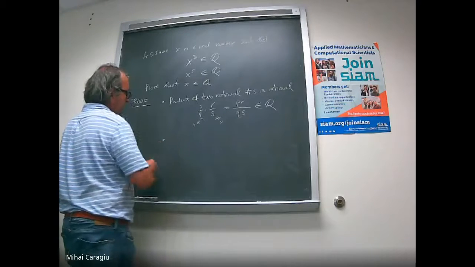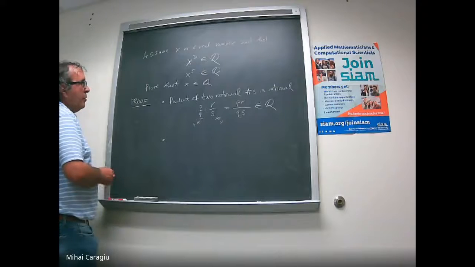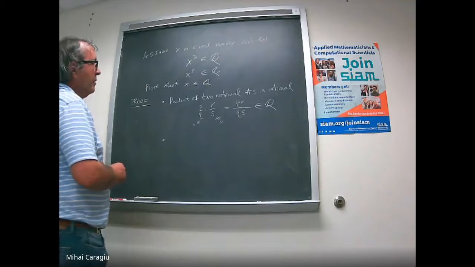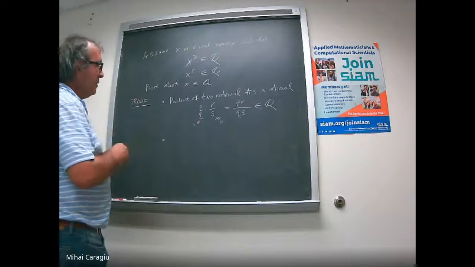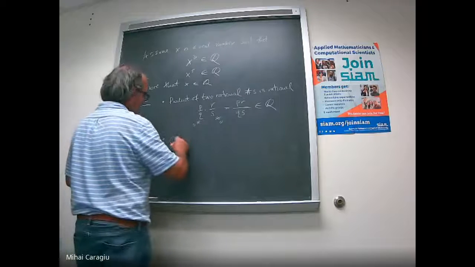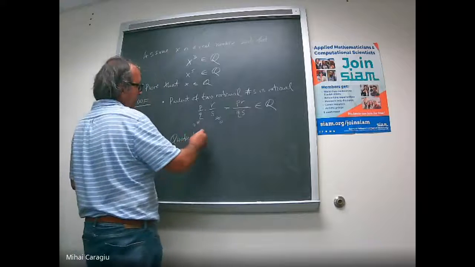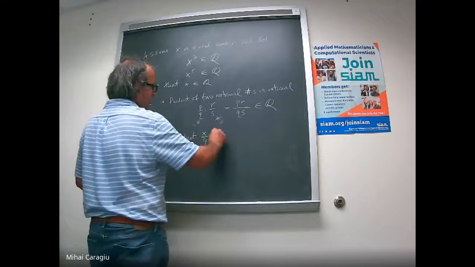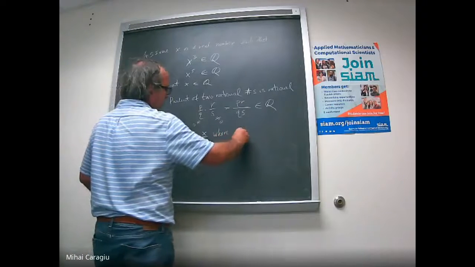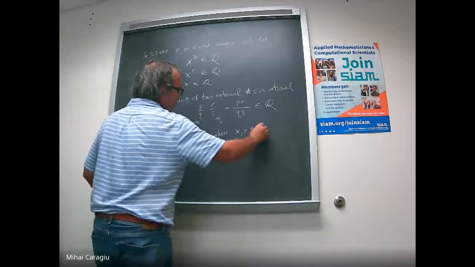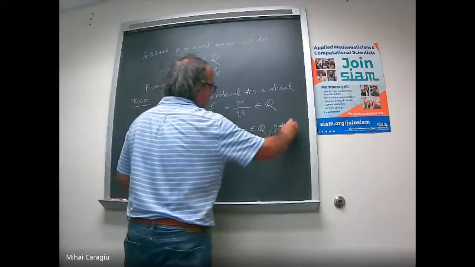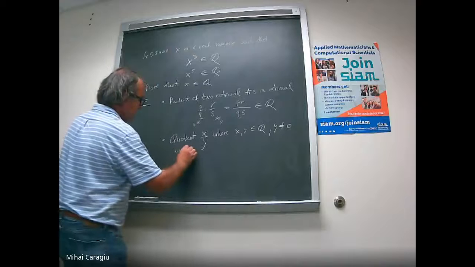Then, the quotient of two rational numbers with a denominator not being zero, the quotient x over y, where x, y belong to Q and y is not zero, is rational.